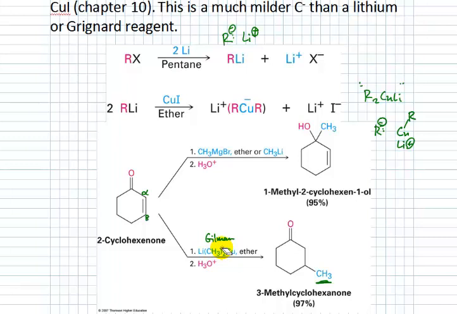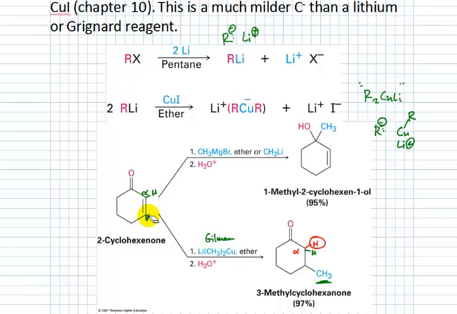We add one of them, and then end up with an extra H on the alpha carbon. So that's conjugate addition. That's 1,4 addition. The nucleophile has added to the beta carbon.